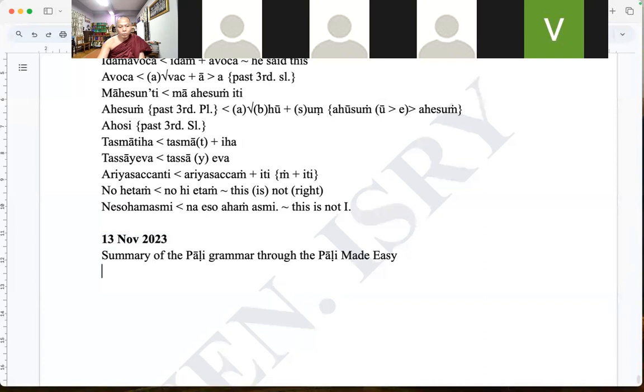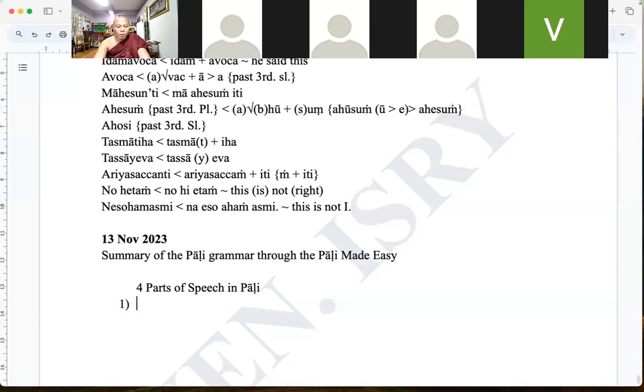in Pali grammar also, there are mainly four parts of speech. In Pali, rapidly, just to recall what we have learned.